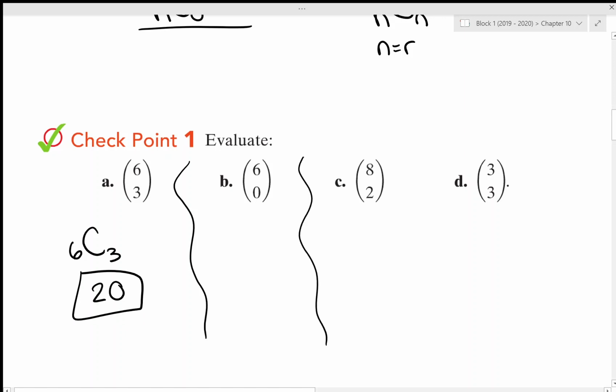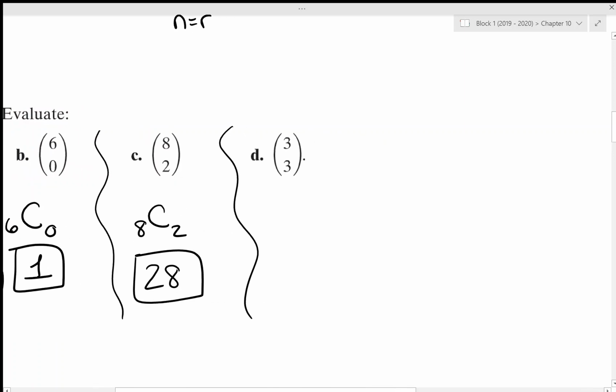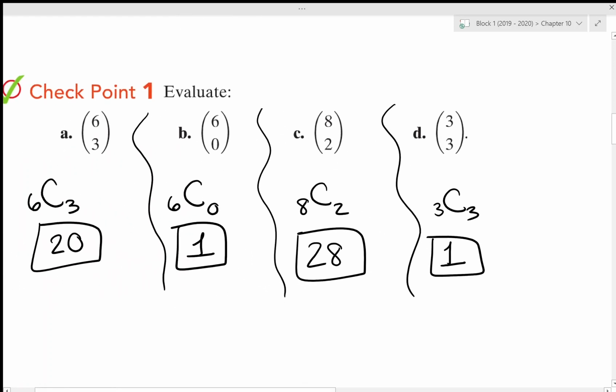For 6 above 0, 6C0, you will get 1 because your r is 0. 8 above 2, 8C2, you will get 28. And then 3 above 3, since your n and r are the same, you will get 1. So we should have gotten 20, 1, 28, and 1.